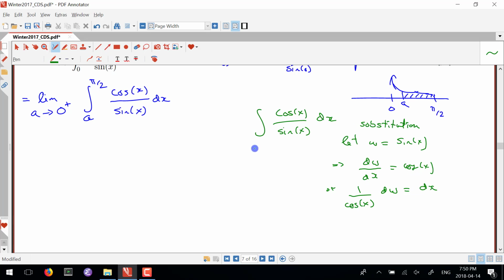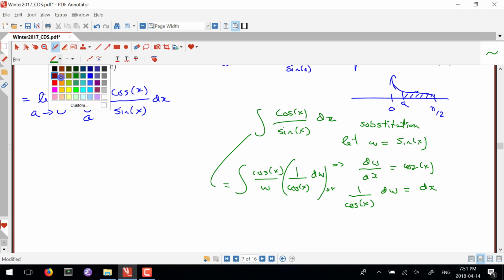That is what's inside our integral. So we can rewrite that using our substitution. We'll have cos of x, that's not really in our thing. We do have sine of x though, so we'll have cos of x, and sine of x is now what we're calling w. And we'll have dx, which is 1 over cos of x dw.